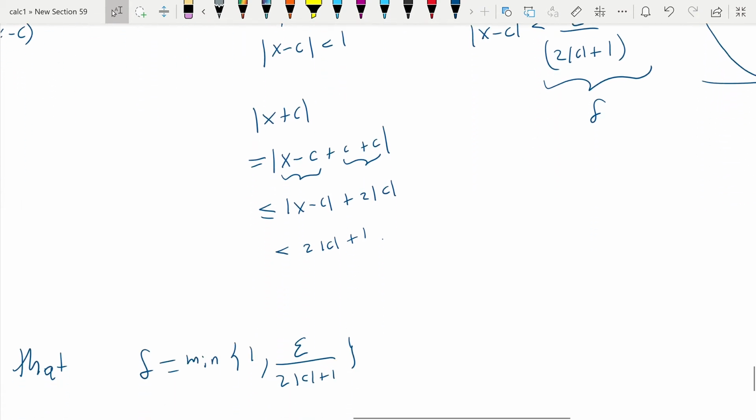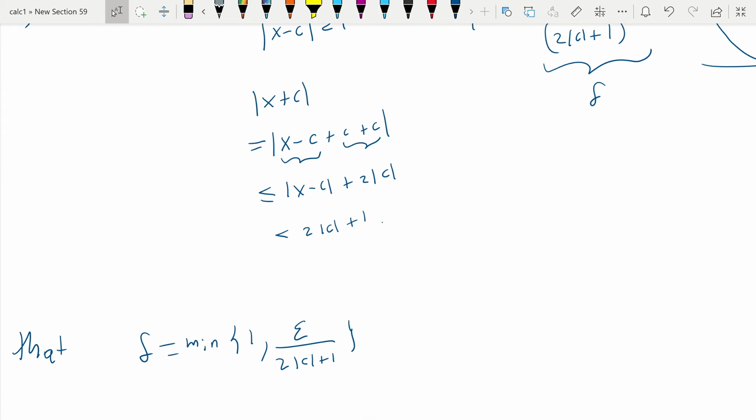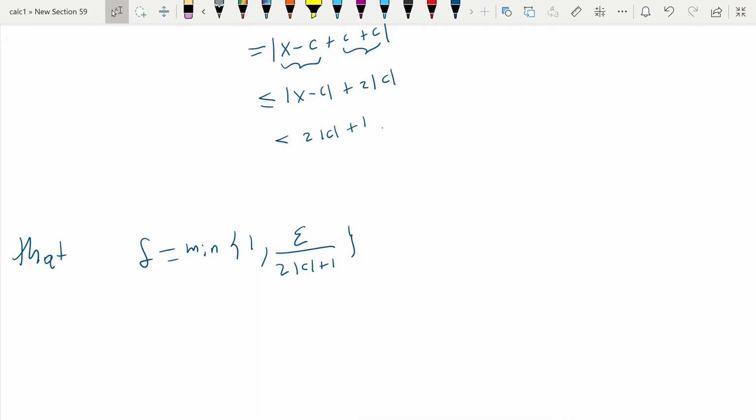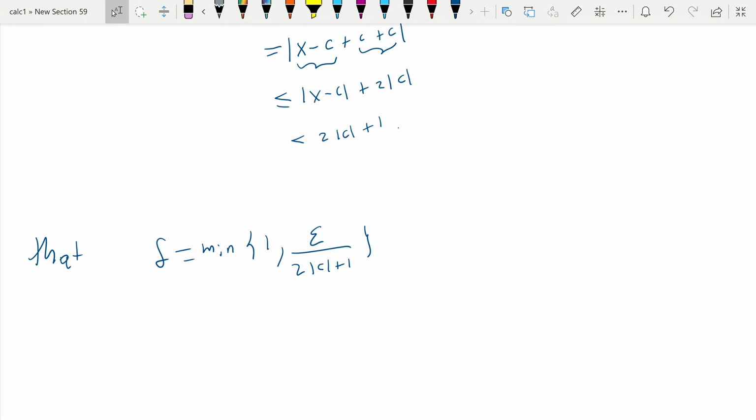And so you need to put all of them together. In all the relevant examples for you, you only have to make finitely many choices, finitely many constraints. Say 2. Typically there are no more than 2, maybe 3. And then at the end you need to choose them. So that tells you how small delta has to be.